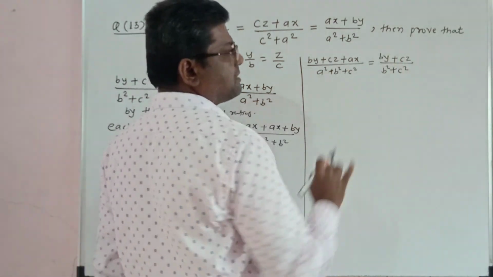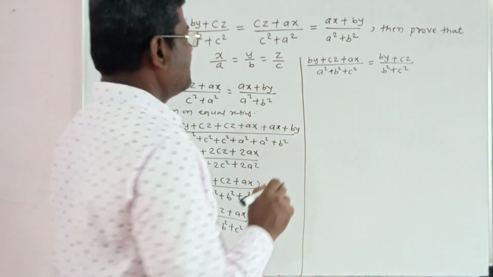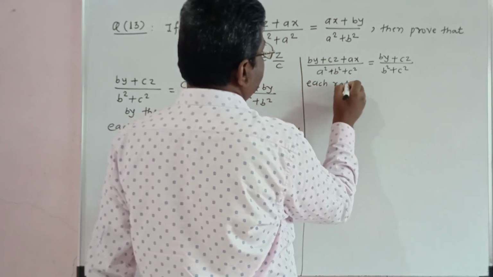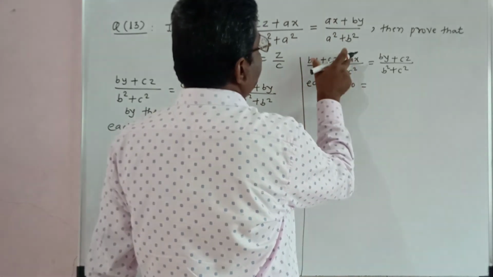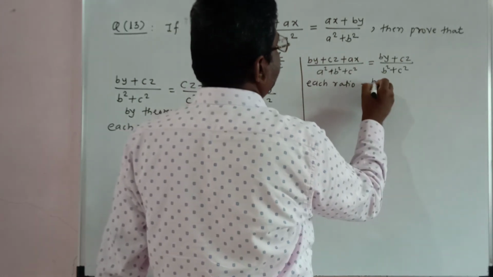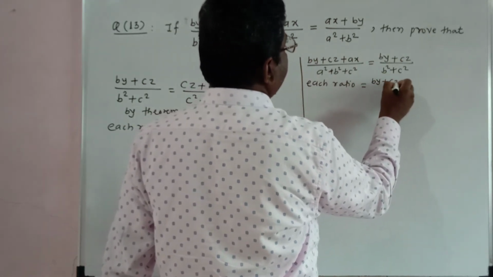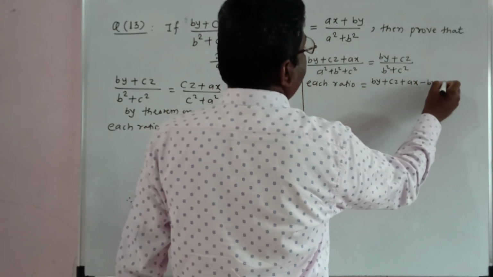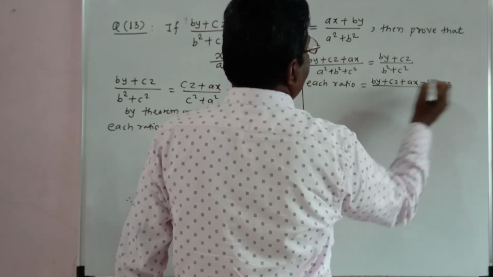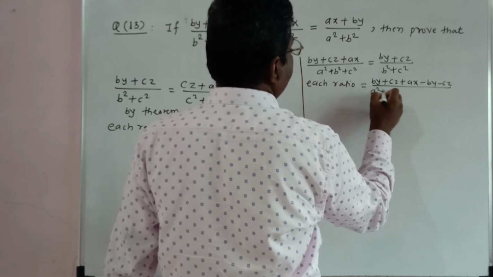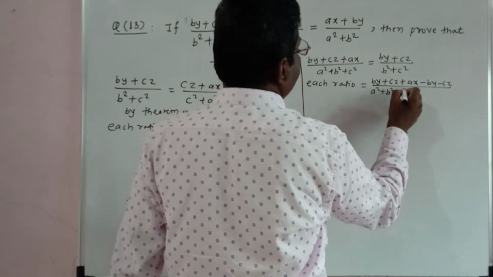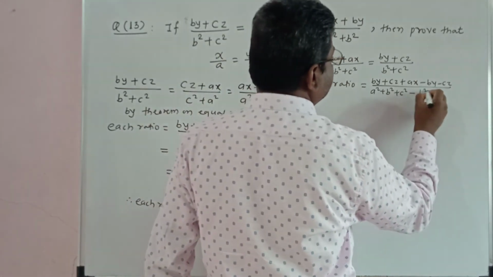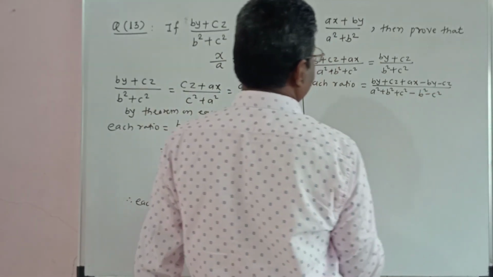Now use here theorem on equal ratios. Therefore we write here each ratio is equal to numerator minus numerator, that is (by plus cz plus ax) minus (by plus cz), upon (a square plus b square plus c square) minus this denominator (b square plus c square).